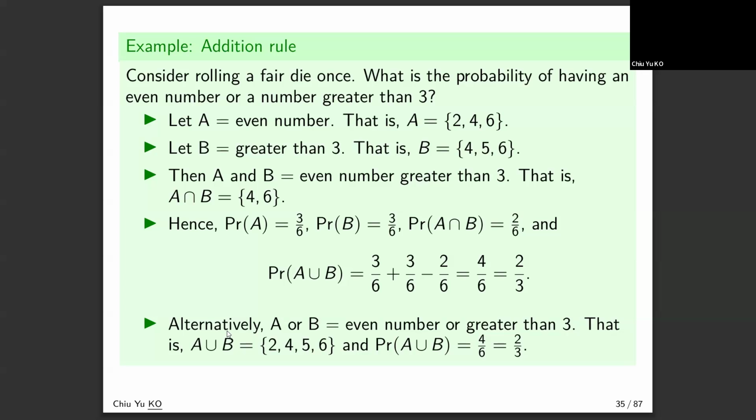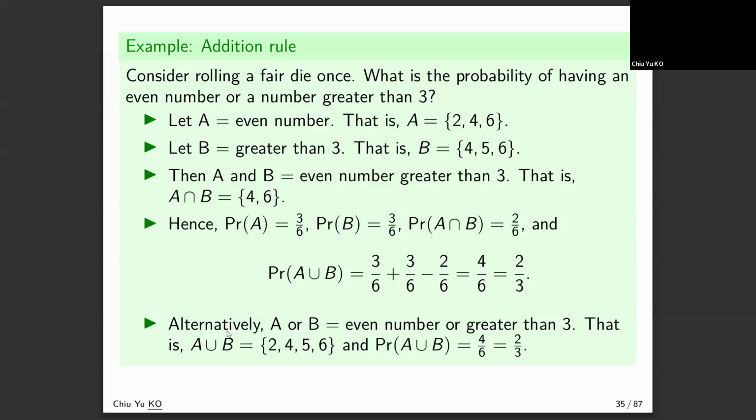The question being asked is "or", so it means A union B. One thing you can do is do it directly. Or means take everything there. A is 2, 4, 6, B is 4, 5, 6. The union, just take everything there. There are 4 of them out of 6, which is 2/3. Done. This is easy, but sometimes it can be complicated.